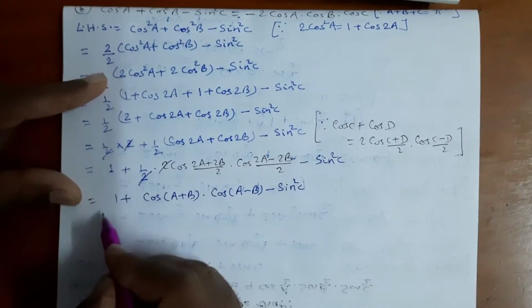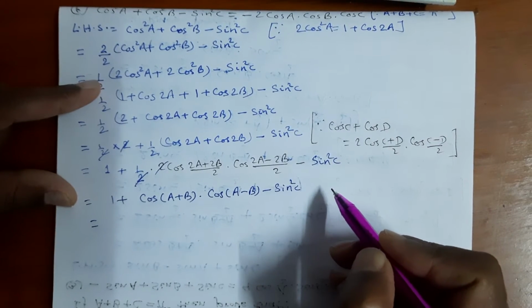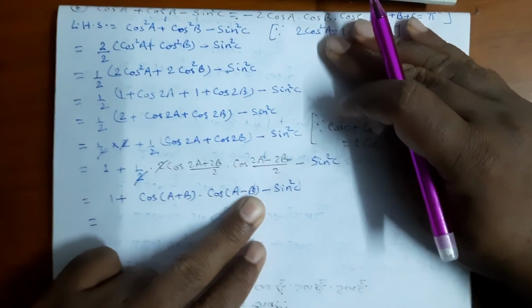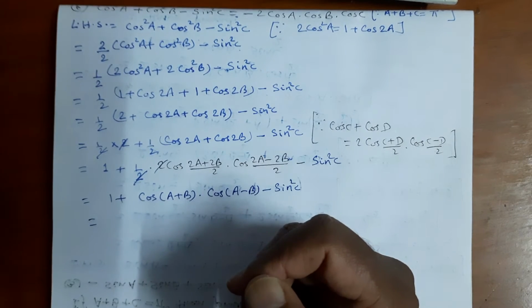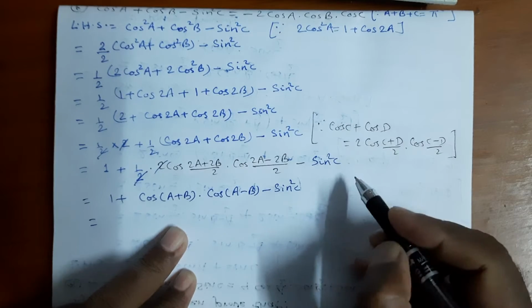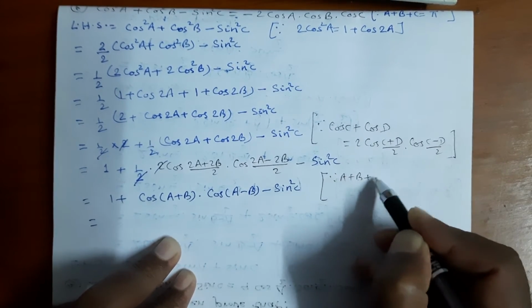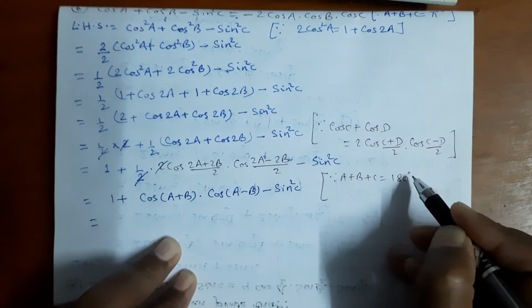And now, this cos a plus b. You know that a plus b plus c equals pi radian, and pi radian means 180 degree.